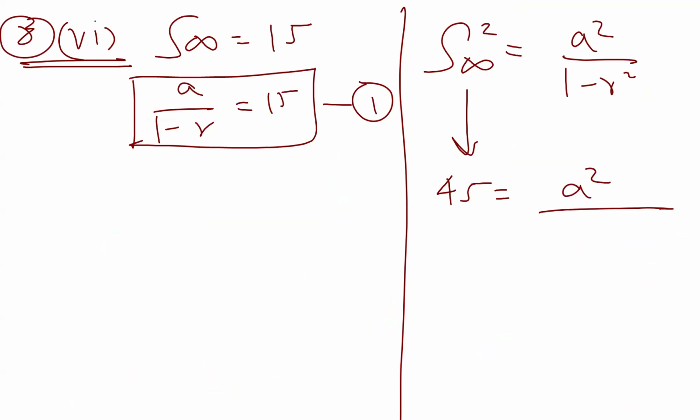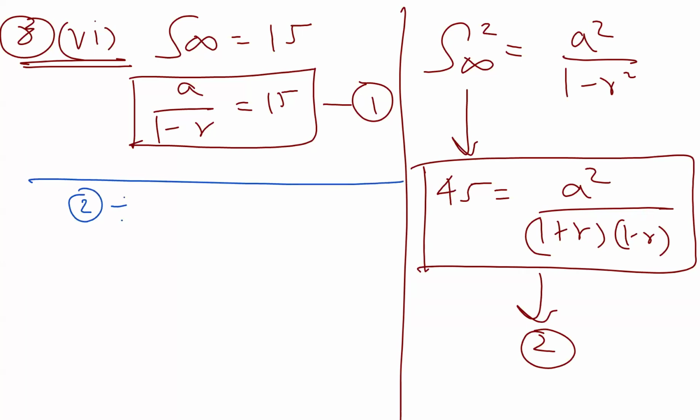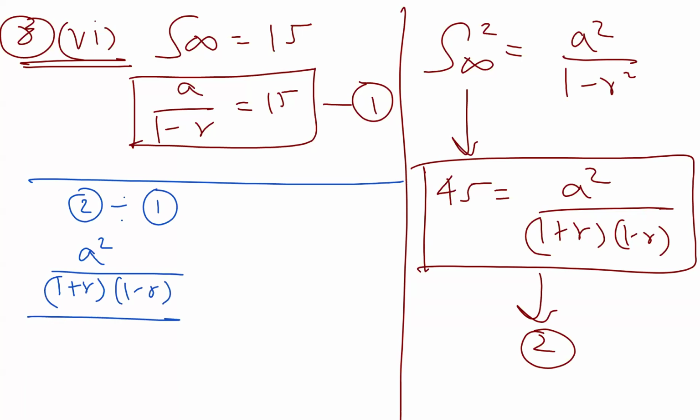A square upon 1 plus R into 1 minus R. Equation number 2. 2 divided by 1: A square upon 1 plus R into 1 minus R, divided by A upon 1 minus R, equal to 45 upon 15.